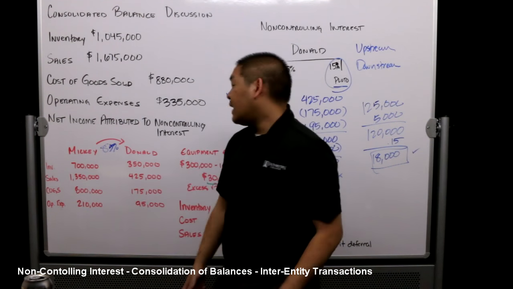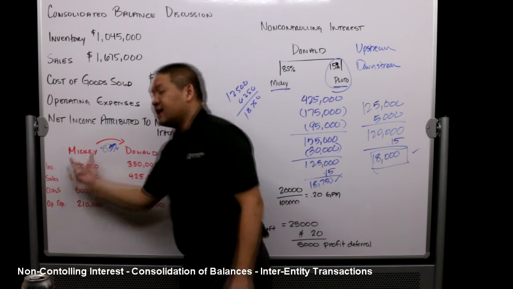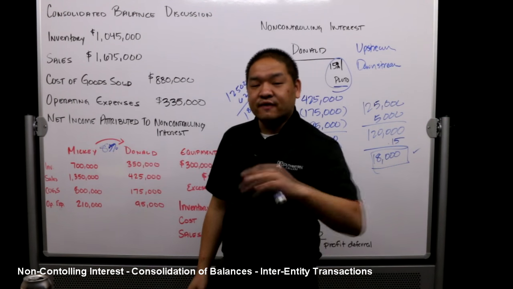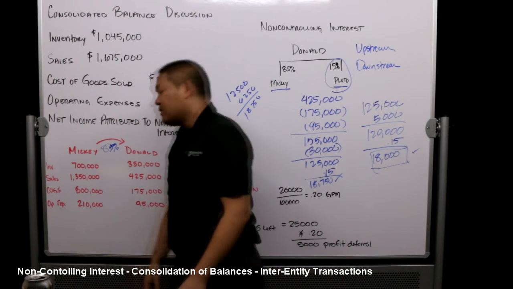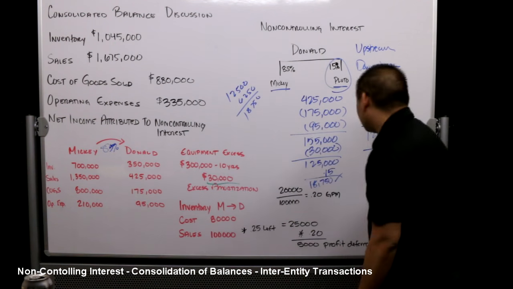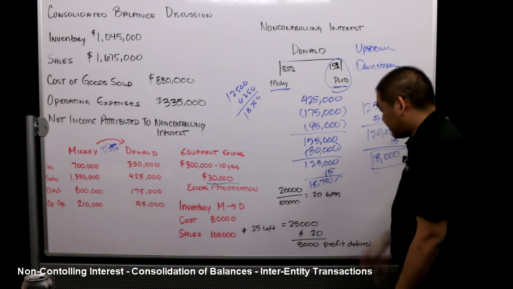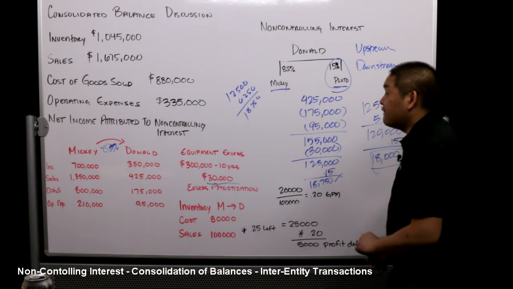If it was flip-flopped, going downstream, Mickey, Pluto doesn't own Mickey, therefore that $5,000 deferral doesn't affect him on that side. And so if that's the case, then we're going to not subtract the $5,000. We'll keep our 125. We'll multiply by 15%, and we'll get $18,750.